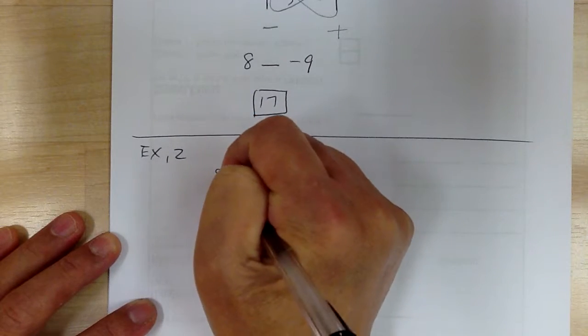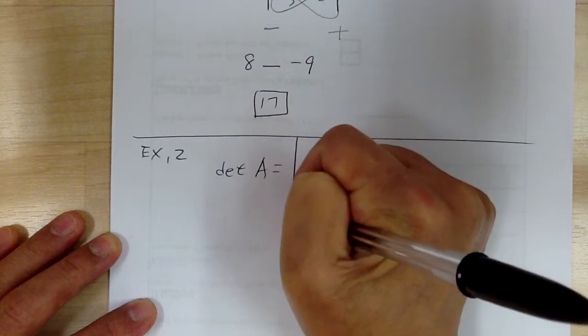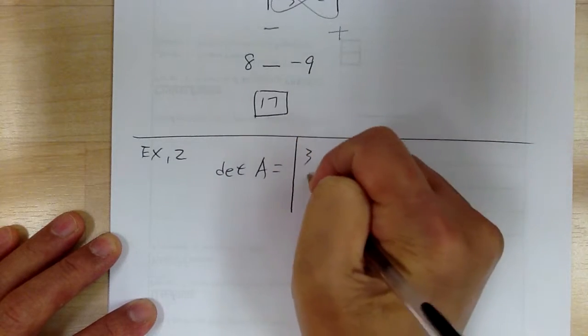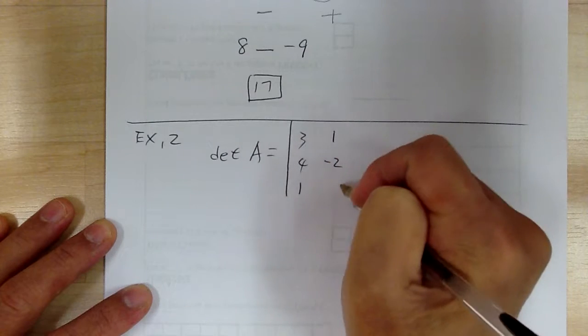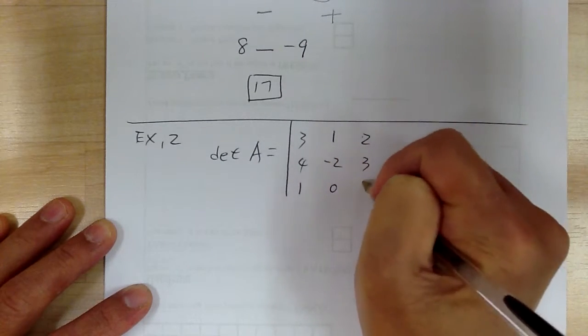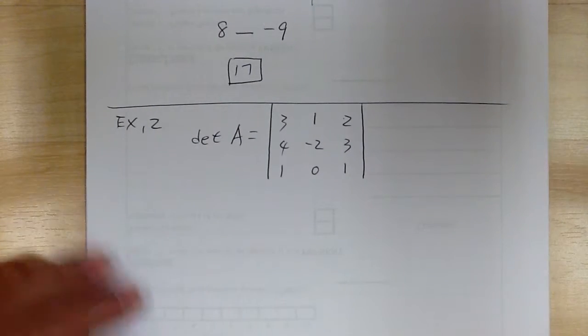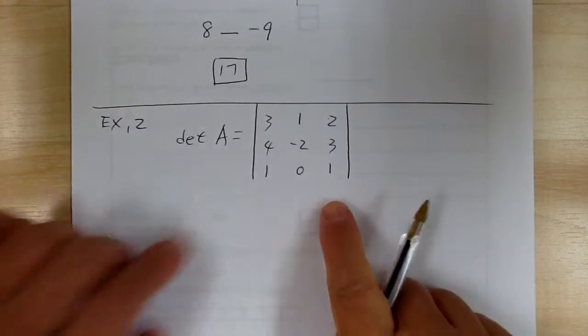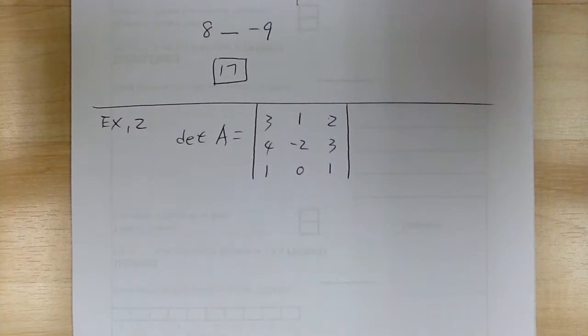In example 2, you have determinant of A is equal to 3, 4, 1, then 1, negative 2, 0, and then 2, 3, 1. Now, when you have 3 by 3, what you want to do is copy the first 2 columns.